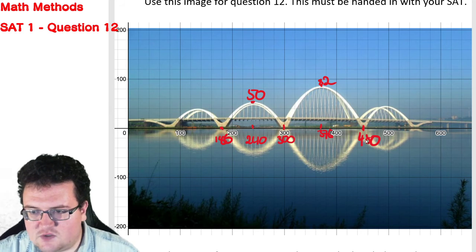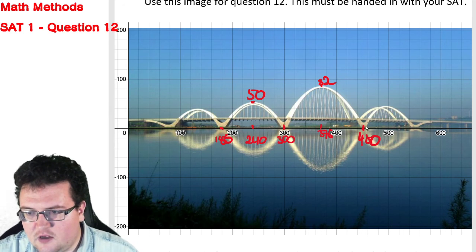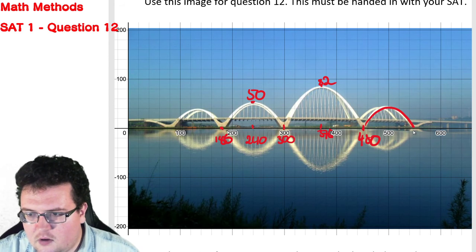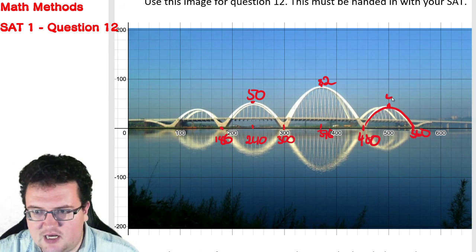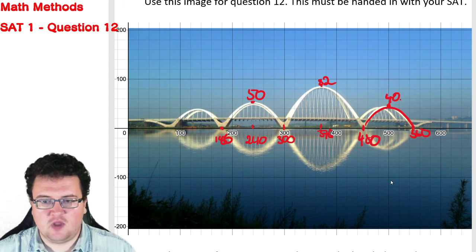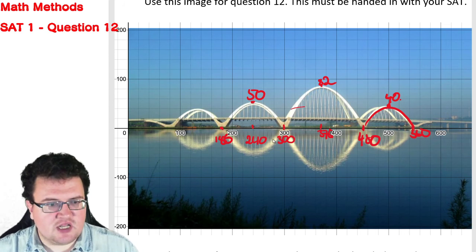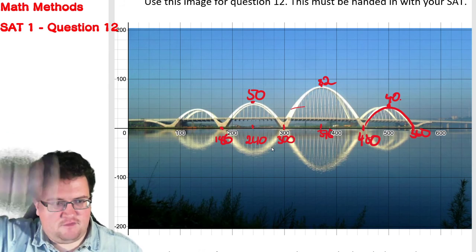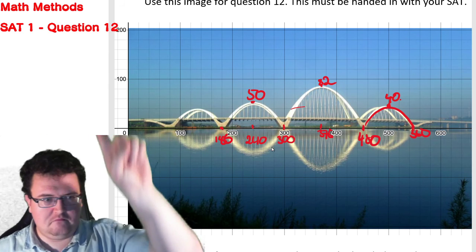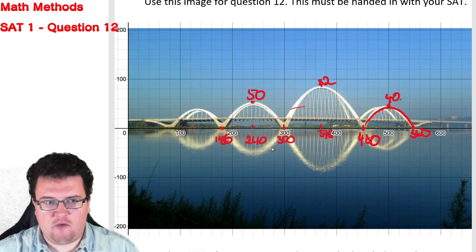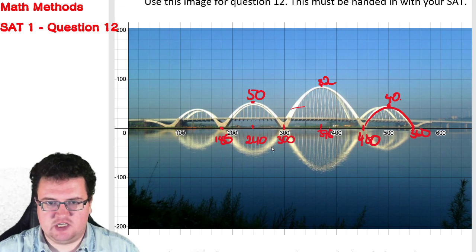And then for the last one here, 450, I would say that is about 550. Top is at about 500, which is at about 40 meters as well. You would use those numbers and the same process that I did above, and that will be the best way to solve this problem.